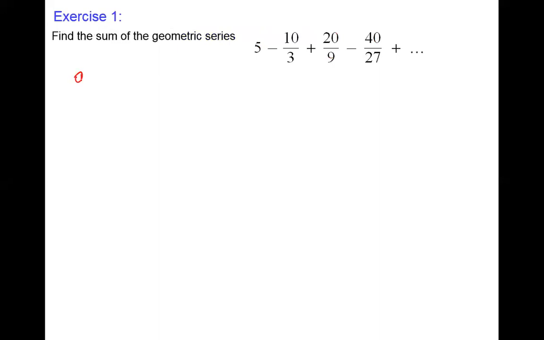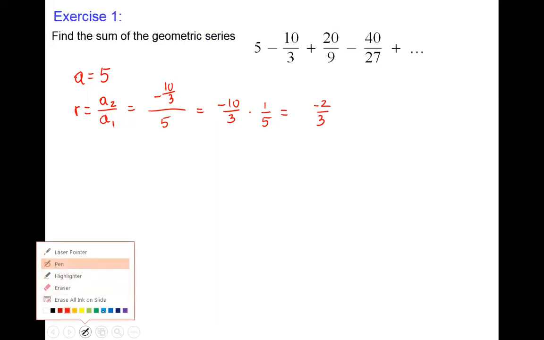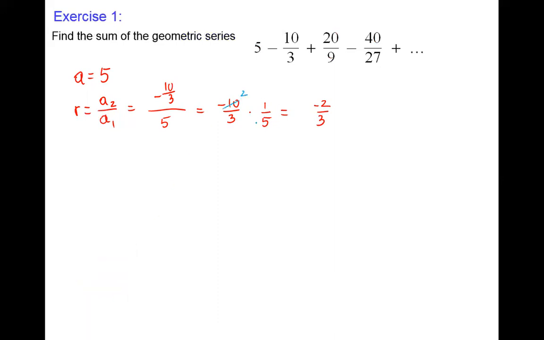I can see that my first term is 5, and the common ratio will be, for example, the second term divided by the first one. -10 over 3 divided by 5. Dividing by 5 means multiplying by 1/5. I can simplify 5 and 10: -2 over 3.